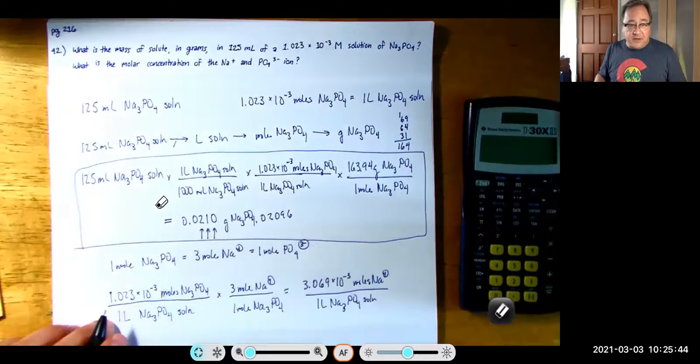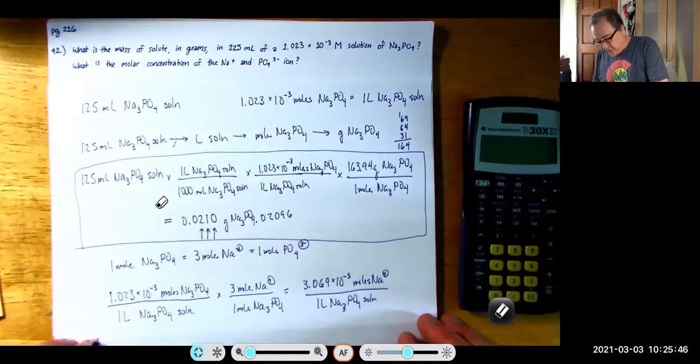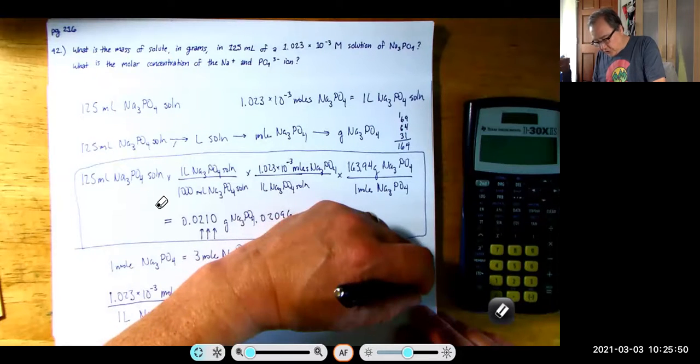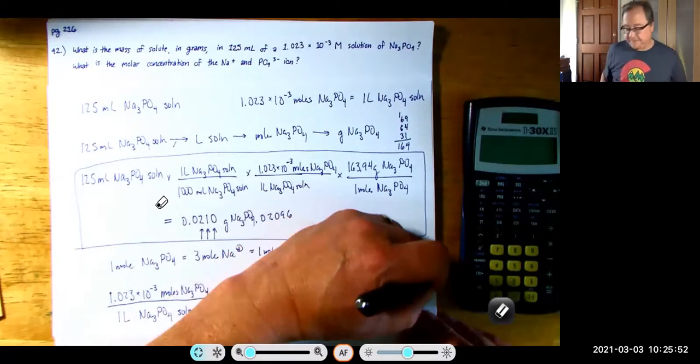And a much simpler way to write this is 3.069 times 10 to the minus 3 molar sodium ion.